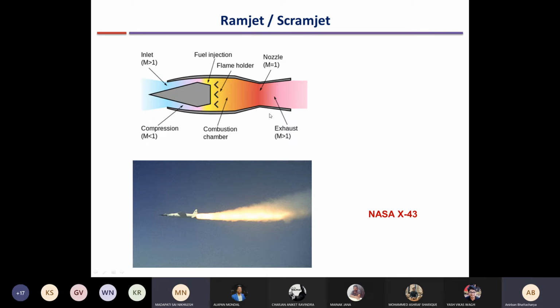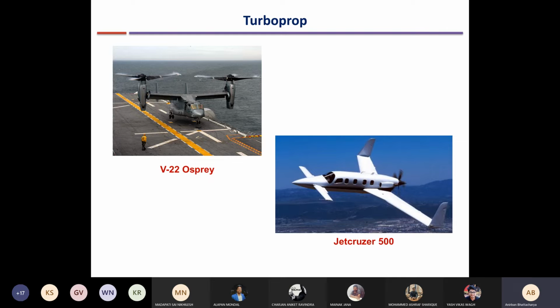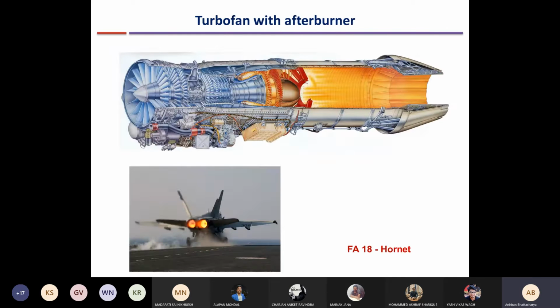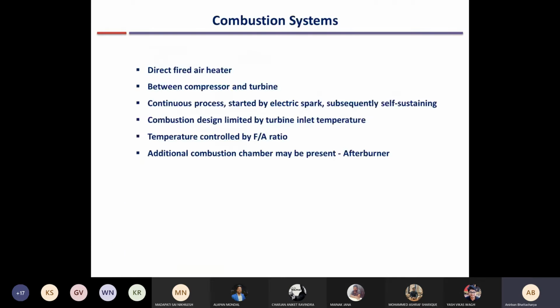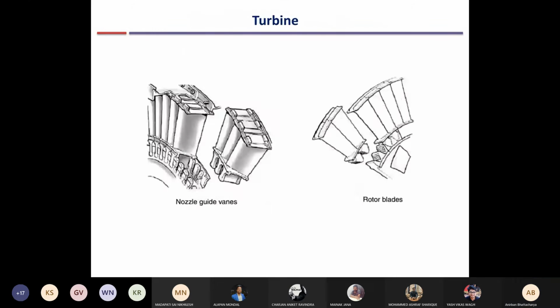Very simple device. Yes. So you just said about creep in the turbine section. In the turbine blades, creep is the major problem. Turbine blades are rotating at very high speed, right? So this we will discuss later on. I have the slides actually, but we will discuss this later on.